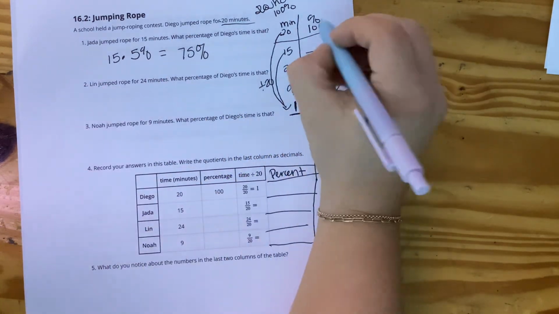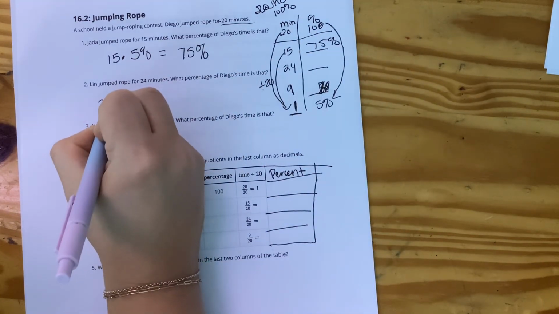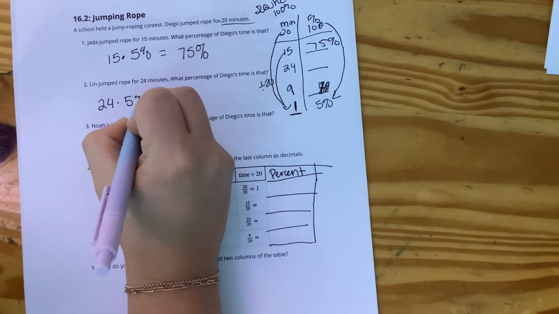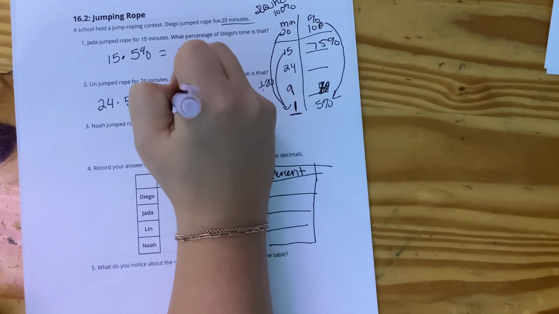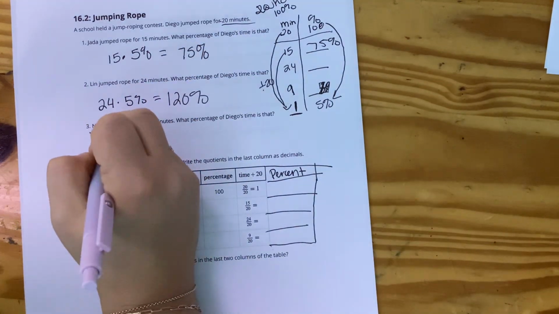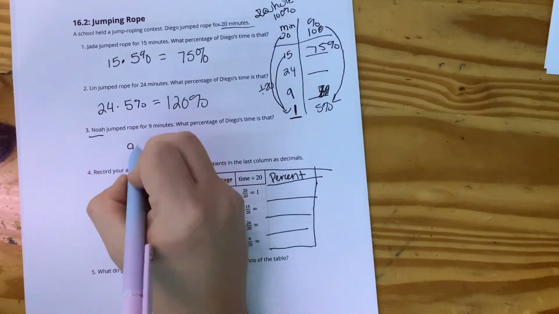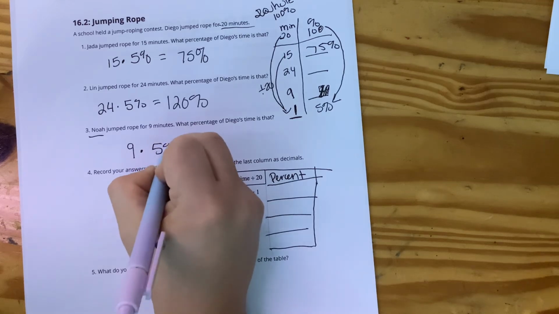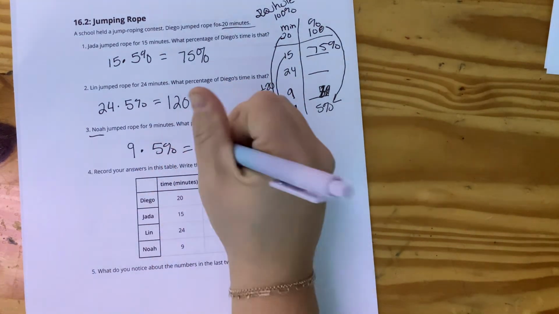I would do the same thing here. I have my 24 minutes times each minute is 5%, which gives me a jump time of 120%. Lastly, for Noah, I'm going to do my same process. Noah jumped for 9 minutes times my 5% per minute is a total percentage of 45%.